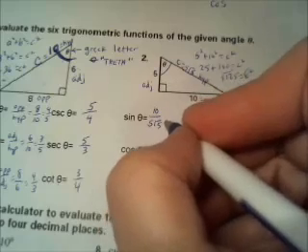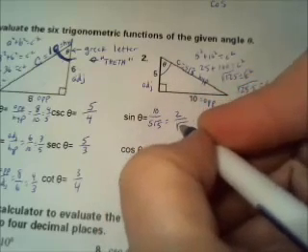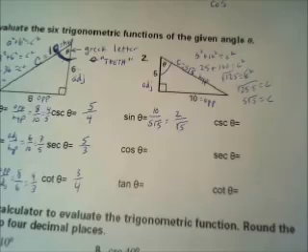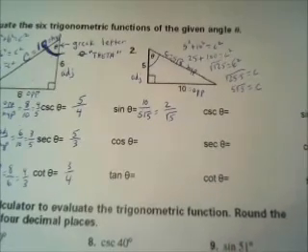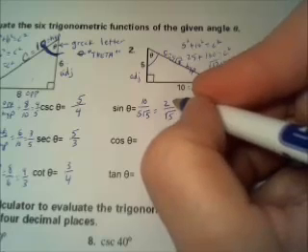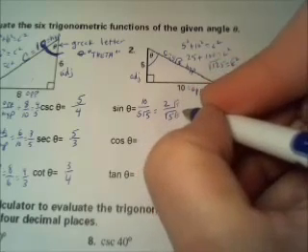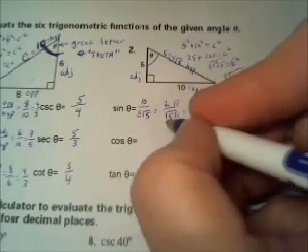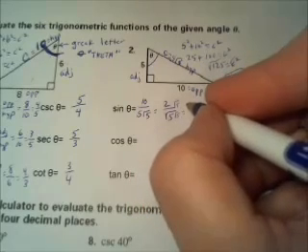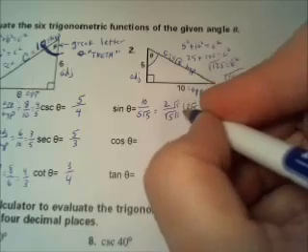This 10 and this 5 reduce down to 2 over 1 square root of 5. And even though I think it's a waste of time, we're going to rationalize this denominator by multiplying the top and the bottom by the square root of 5. So we get, with a rational denominator, 2 square root of 5 all over 5.